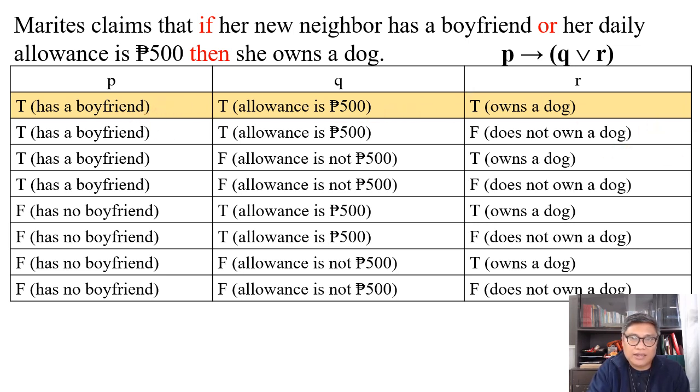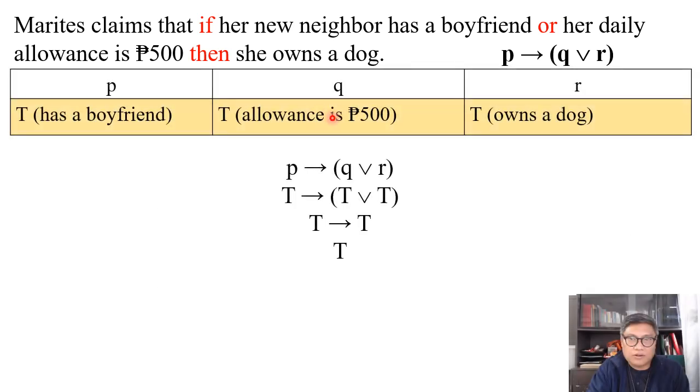Then we can make this as our basis to create the truth values. So remember that we have to use this symbol. First, we have our original compound statement here. Then we already have this one, true, true, true. Then we just substitute it by the letter T that represents true.